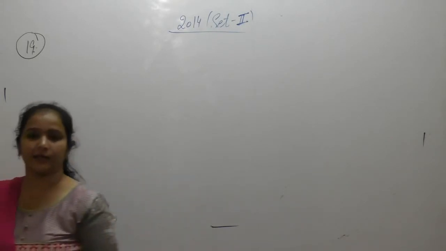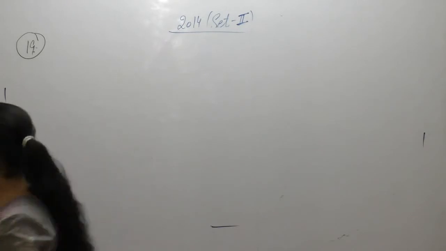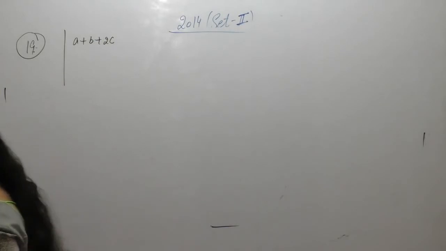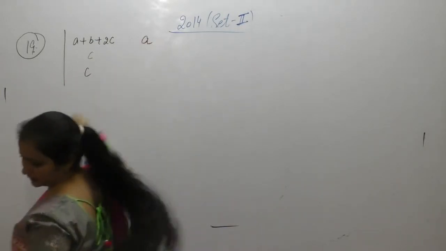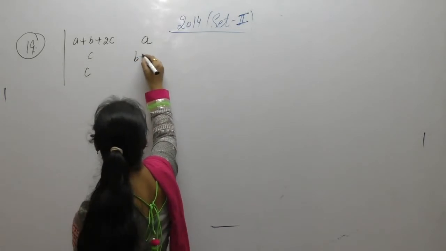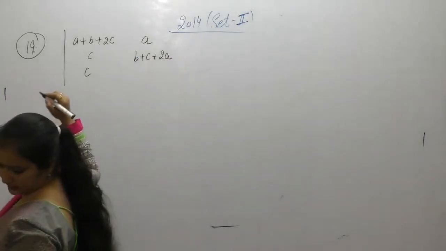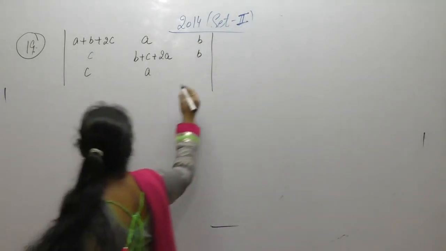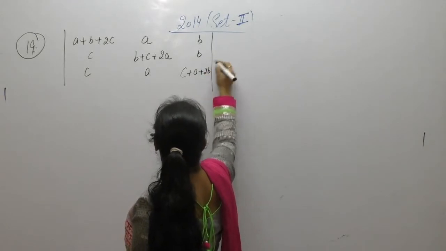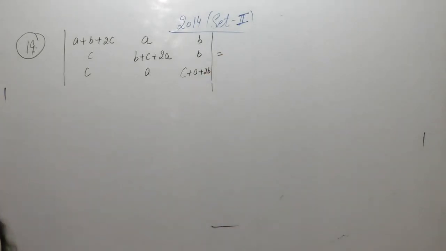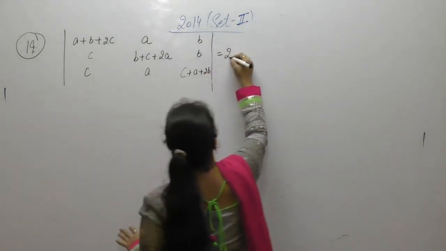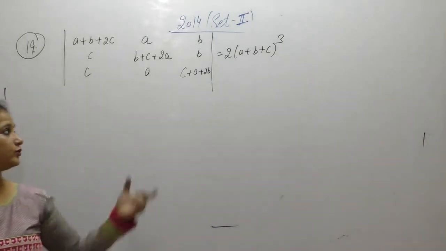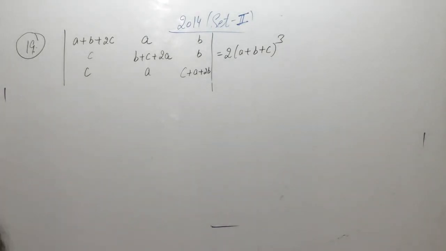Prove the following using properties of determinant: a plus b plus 2c, c, c, a, b plus c plus 2a, b, b, c plus a plus 2b is equal to 2a plus b plus c whole cube. We will have to prove this by using the properties of the determinant.